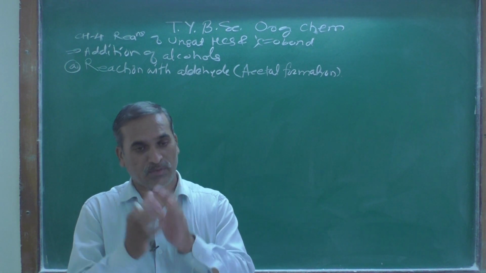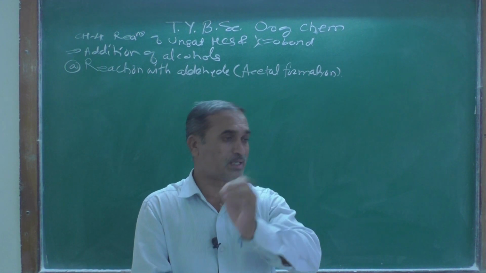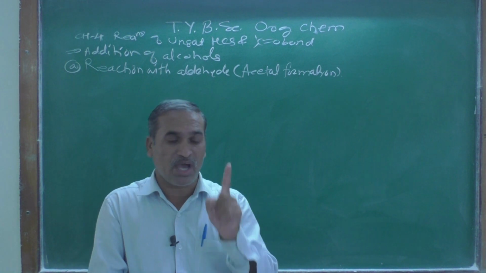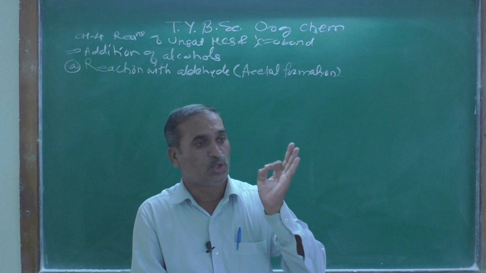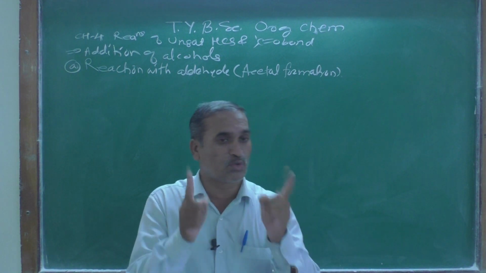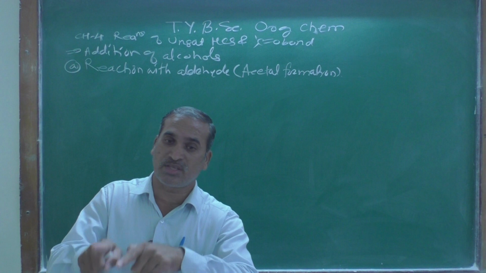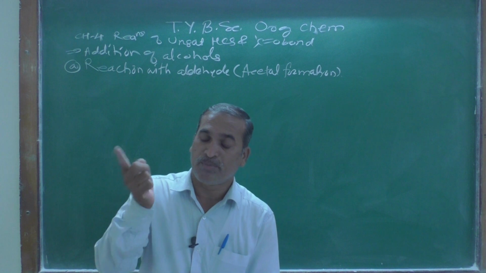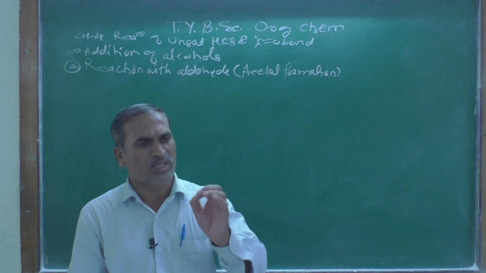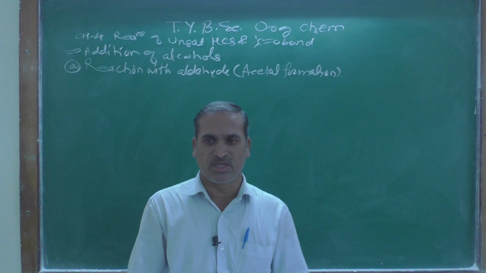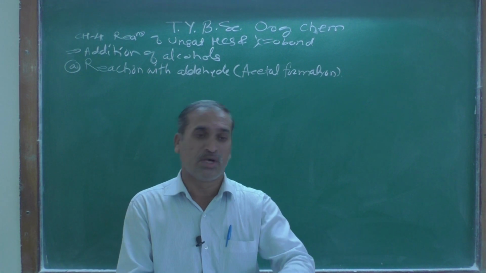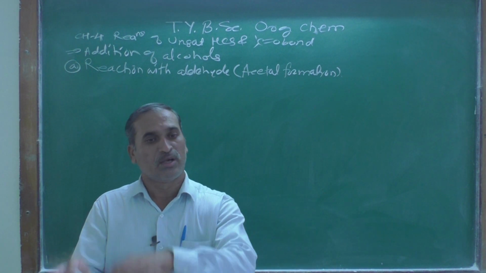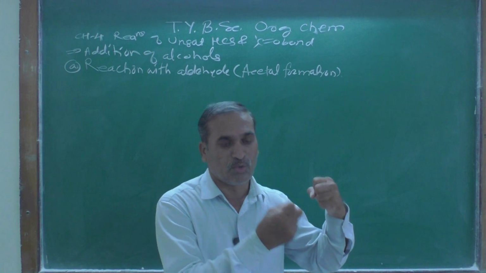This is one of the uses of acetal formation. When the acetal compound is formed, that compound is very stable toward basic as well as oxidizing and reducing reagents, and by treating the compound with a catalytic amount of acid, or mild acidic condition, it is still regenerated, meaning whatever original compound we have taken, we can get back the original compound.